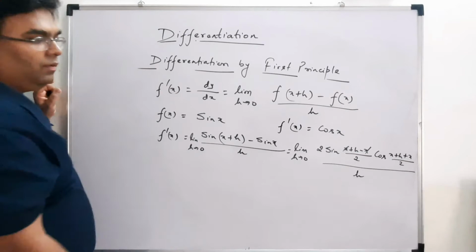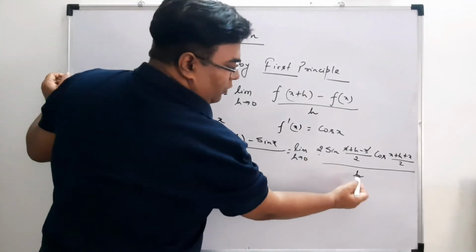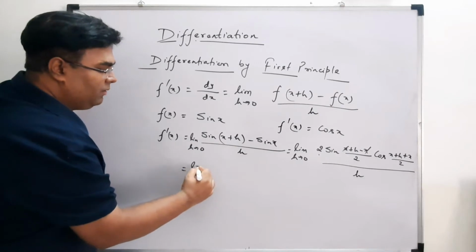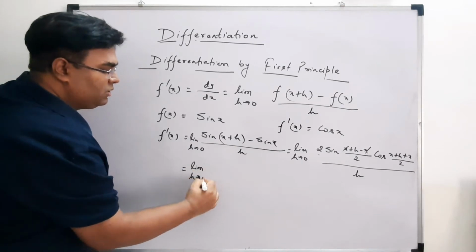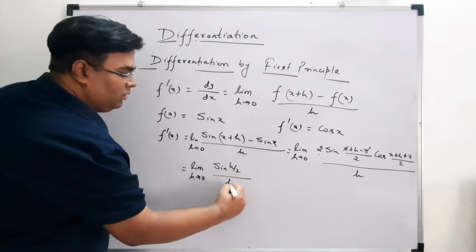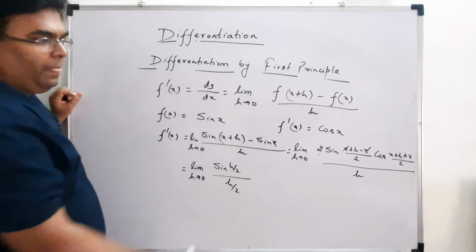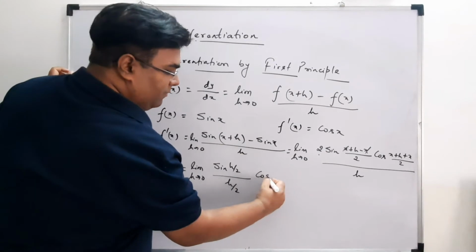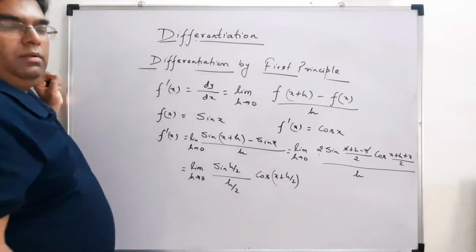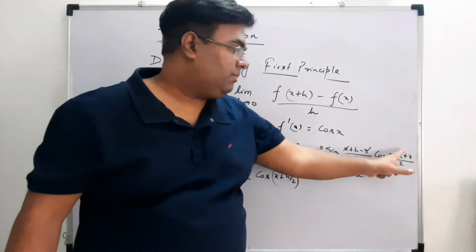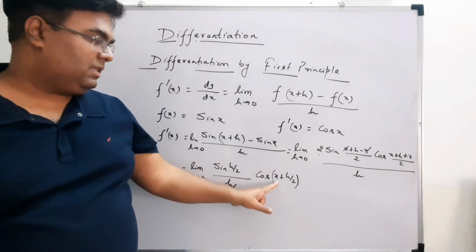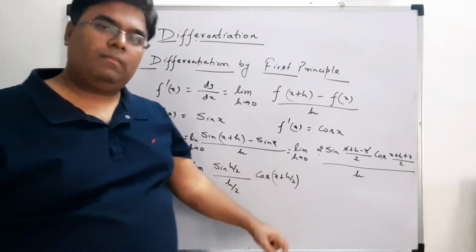I will put the 2 below this h, so it will be limit h tends to 0 of sin(h by 2) upon (h by 2) and the cos part, which is cos((2x plus h) by 2), that is cos(x plus h by 2).